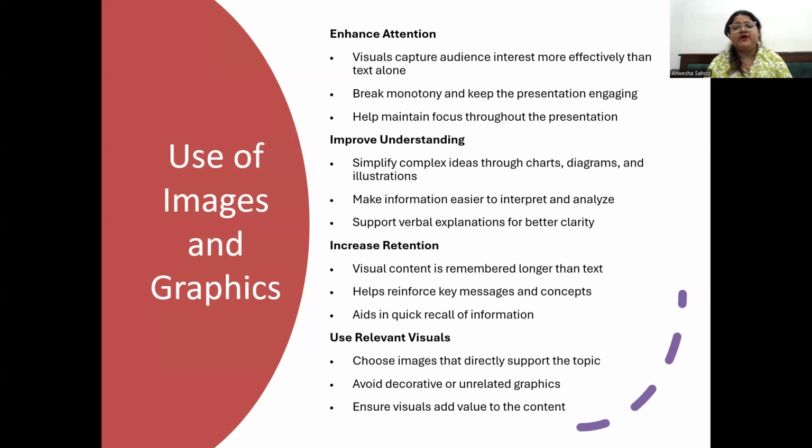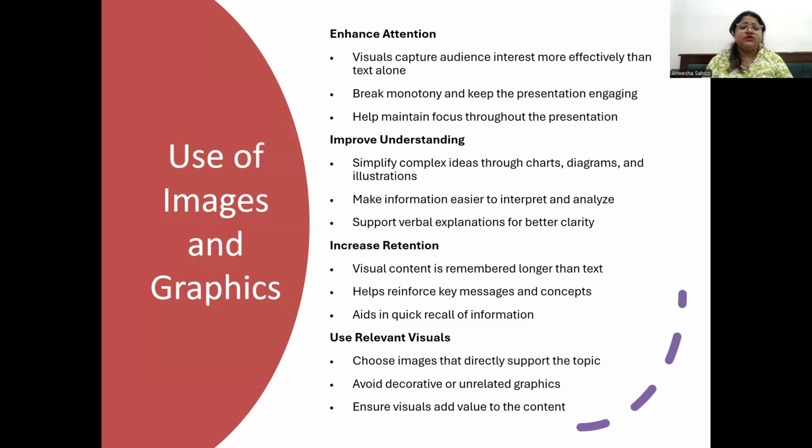It also supports verbal explanation for better clarity, so that it also increases retention. The more interesting images and graphics you use, the longer the visual content is remembered than the text. It helps to reinforce key messages and concepts. It also aids in quick recall of information.